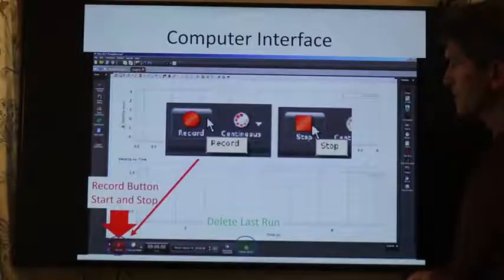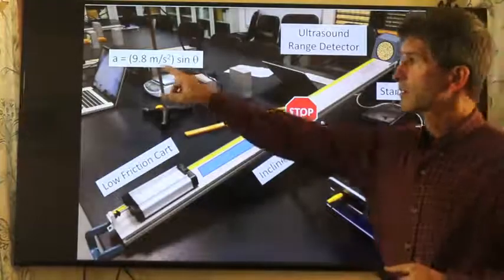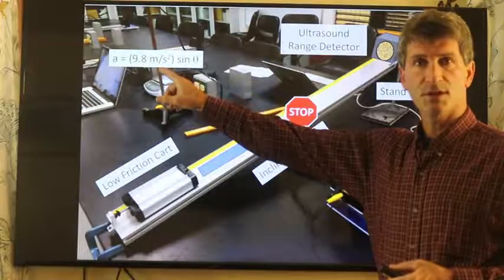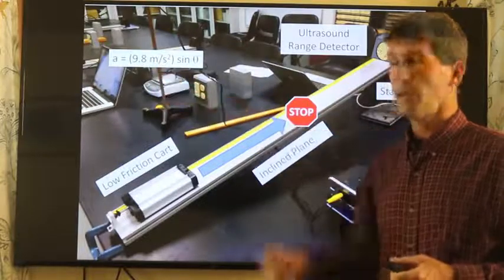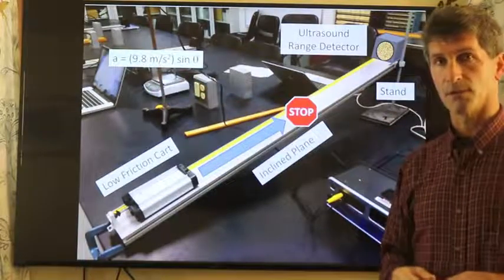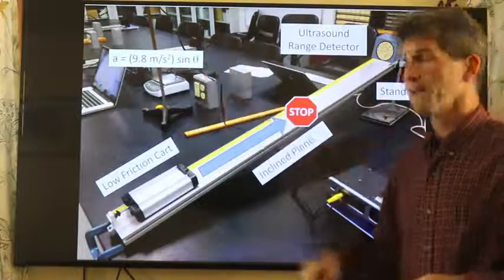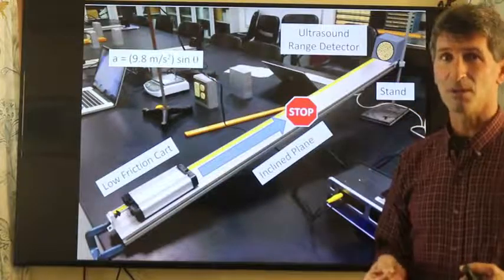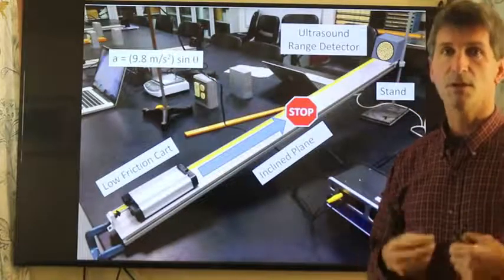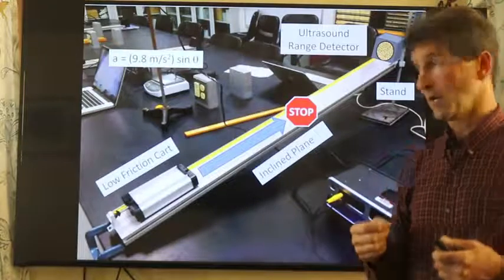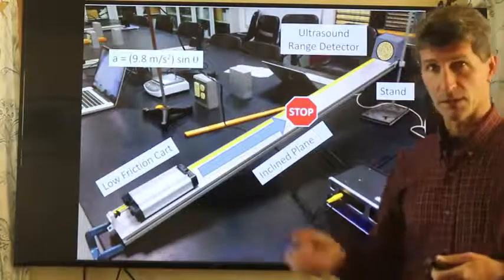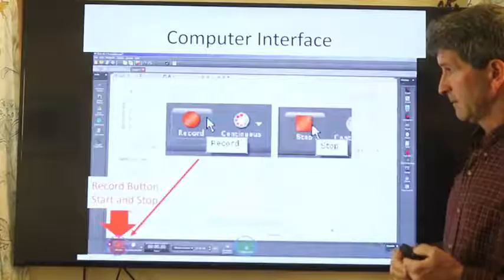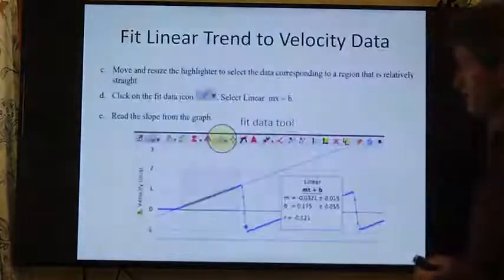Just another aside, the reason why your acceleration is so small is because of this equation. 9.8 is a fairly large number for acceleration, but the sine of 5 degrees is a really small number, okay? So don't expect to get a very great number here. We're really trying to slow down gravity using this inclined plane.